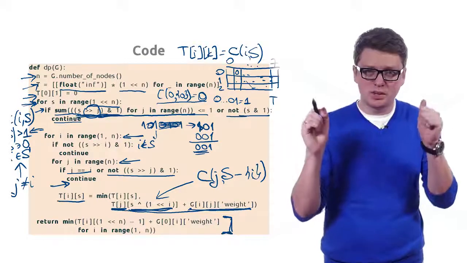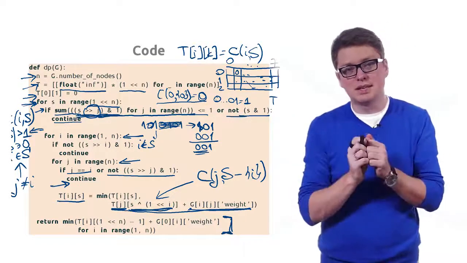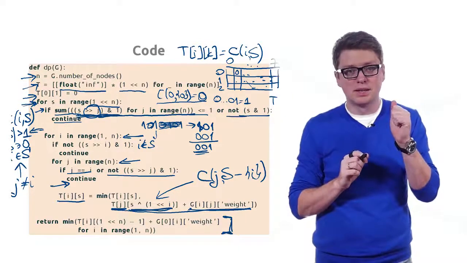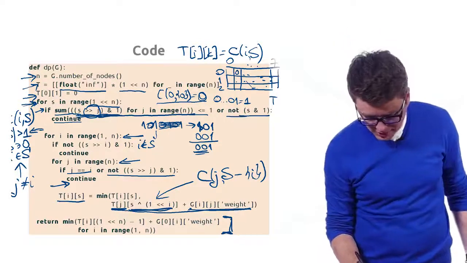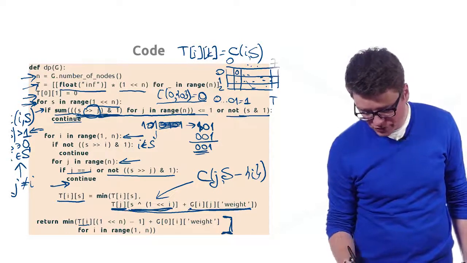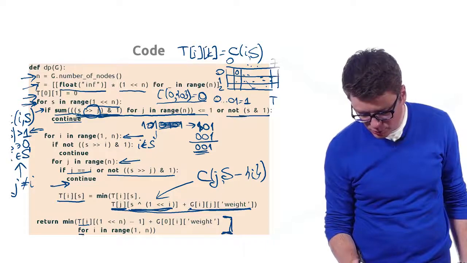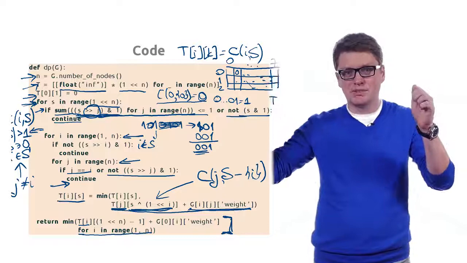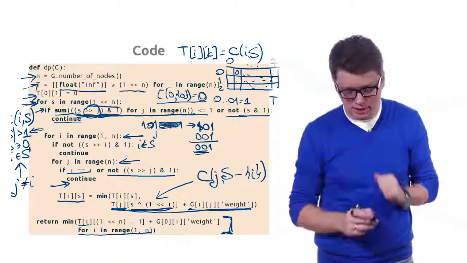So first of all, we need to visit all the nodes. And the second thing is that we need to return back to the initial vertex. So we check all the values T of i, where i ranges through all possible values from 1 to n. So i ranges through all possible ending vertices of our cycle.